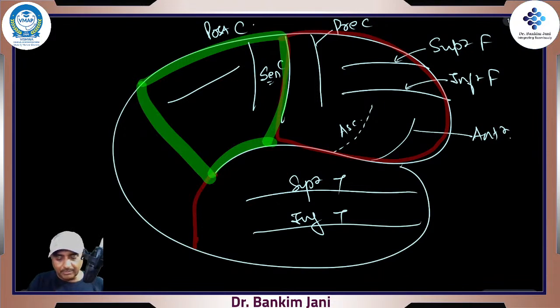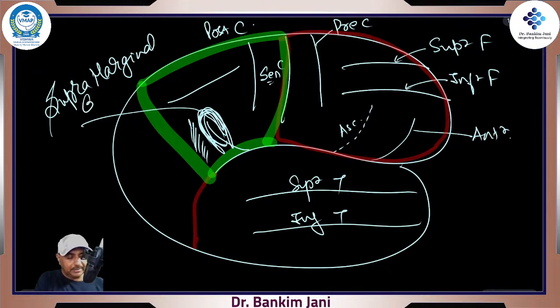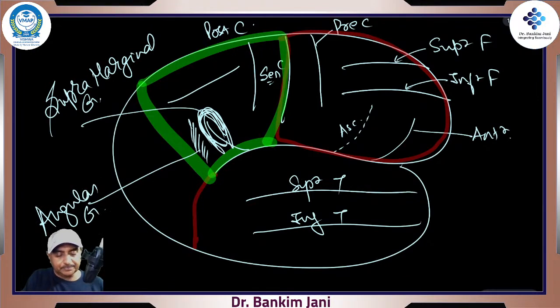And then, the way there was one ramus over here, this is the posterior ramus, and surrounding the posterior ramus, that is the supramarginal, and the one lying over here, that is the angular, right? Because it is a bit odd, we are writing the full supramarginal gyrus, and this one is the angular gyrus, right?